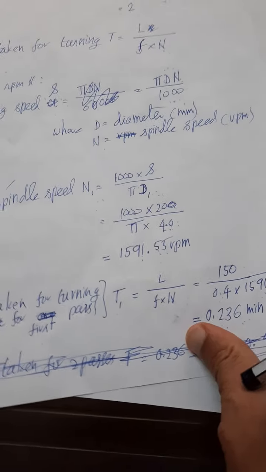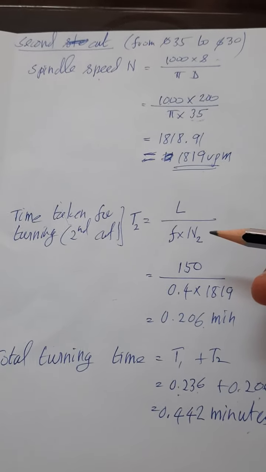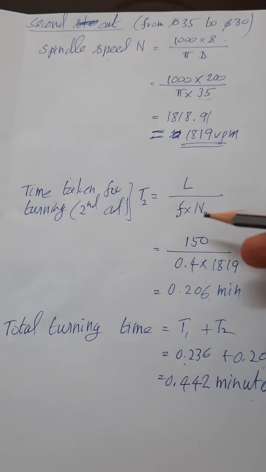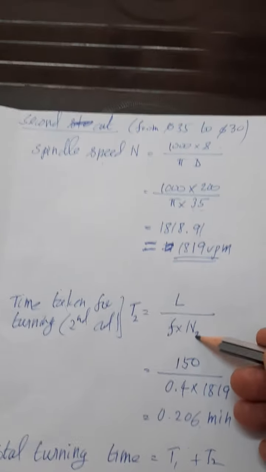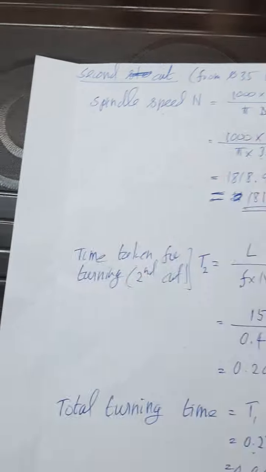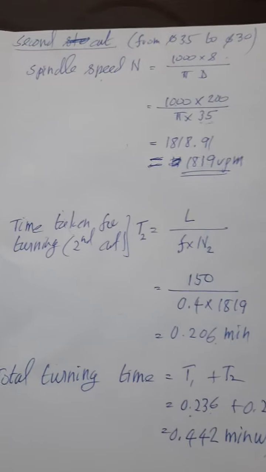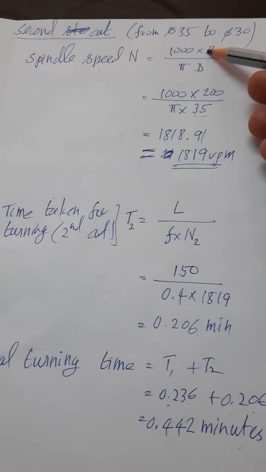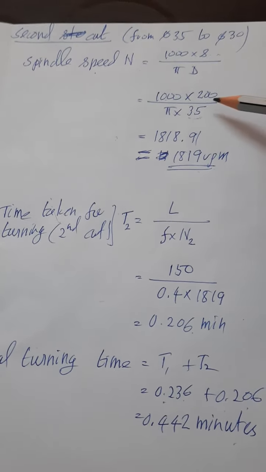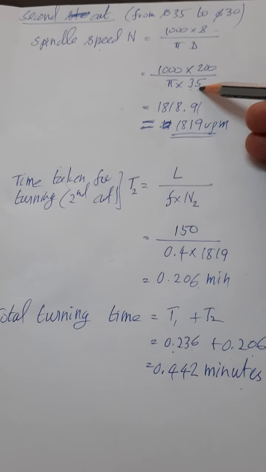Similarly, you have to find the time taken for the second cut. For finding the time taken for the second cut using this formula, first you have to find the N value. The N value is again found using this formula, 1000 S by pi D. Now the diameter is 30 mm for the second pass, second cut.